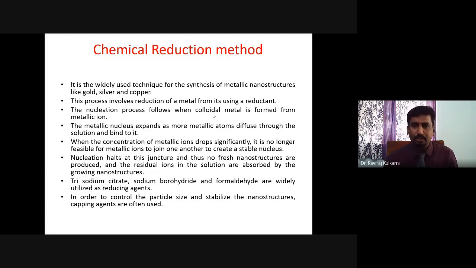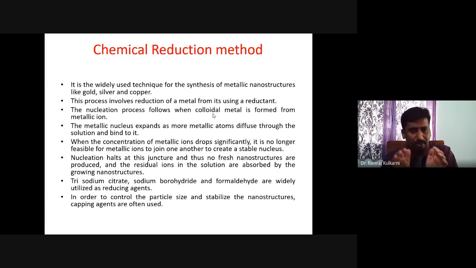Usually the reductants used here are trisodium citrate, which is also used as a capping agent. Sodium borohydride is a reducing agent, and formaldehyde is also a reducing agent. In order to control the particle size, we usually use capping agents like polyvinyl alcohol or polyethylene glycols.